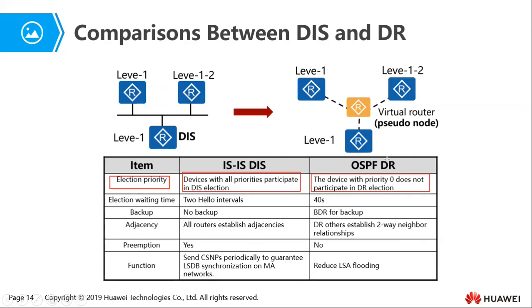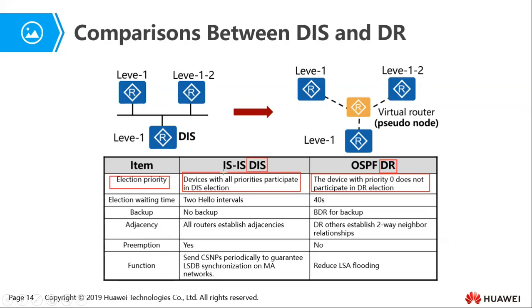For a DR, if the router priorities are the same, then it will go down to the highest configured loopback address, then the highest configured physical address. But for a DIS selection, it goes to the router with the highest MAC address.